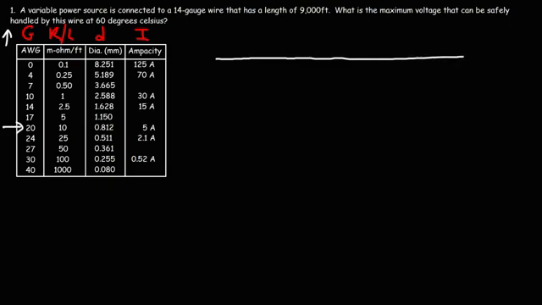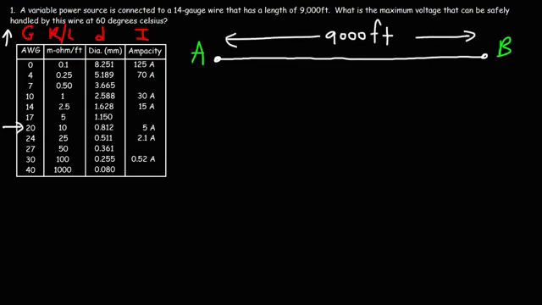Let's say this is the wire. Let's call this points A and B. What is the maximum voltage that can be applied across this wire? Now this wire has a length of 9,000 feet. It's a very long wire. How can we determine the maximum voltage that can be applied?